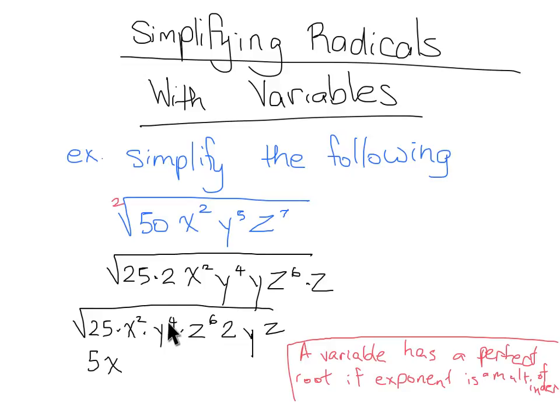Sorry, I said index earlier, I meant exponent. The square root is y squared, which makes sense because y squared times y squared, adding the exponents, gives y to the 4th. Square rooting z to the 6th, again halving the exponent, we get z to the 3rd, because z to the 3rd times z to the 3rd is z to the 6th. We're adding those exponents.